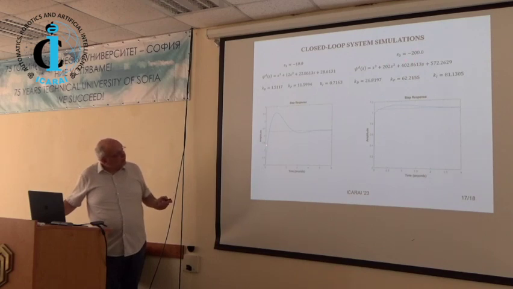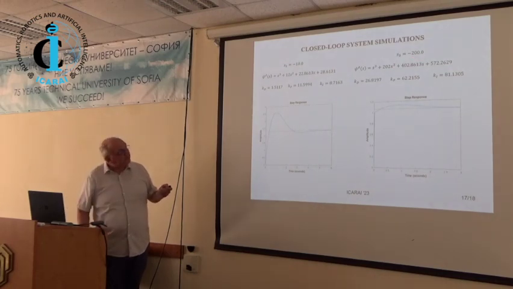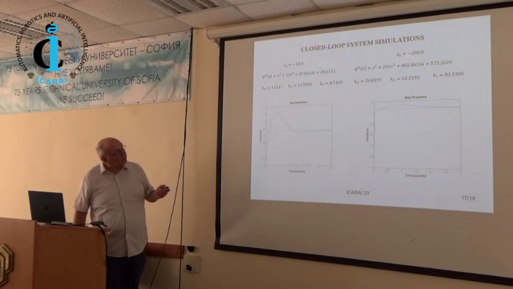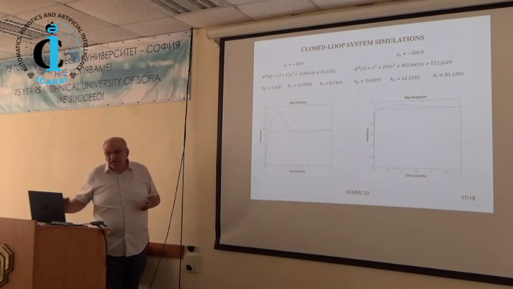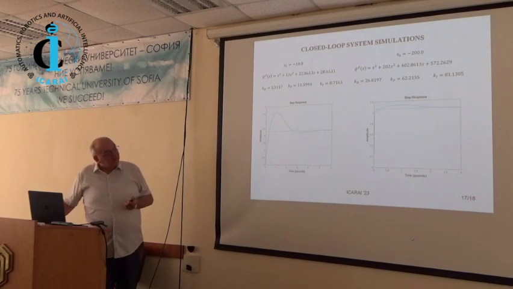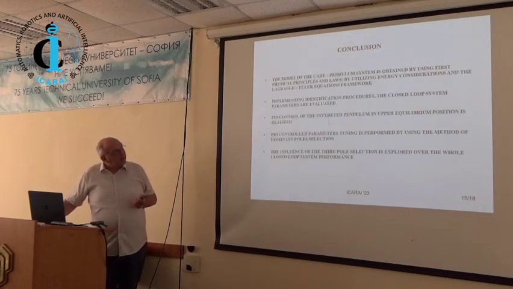For the second one, we get again poor performance with respect to the percentage overshoot, but when we set the third pole 100 times to the left with respect to the dominant poles, we get this step response, which satisfies the performance criteria set at the beginning.